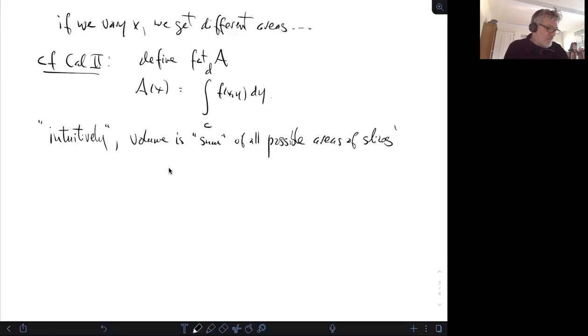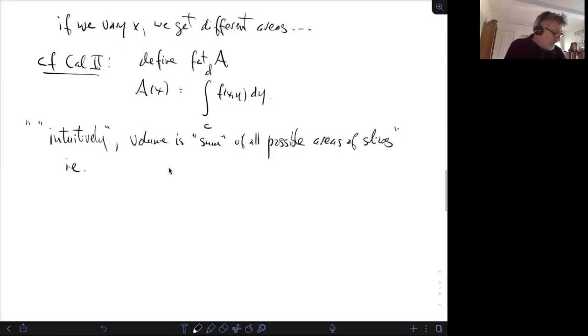This is with big quotes, but hopefully this makes some sort of sense to you. So what does it mean to add up these slices? These slices are infinitely thin, so what does it mean to add them up? It means to integrate the function. So what we want to do is what we call the iterated integral.